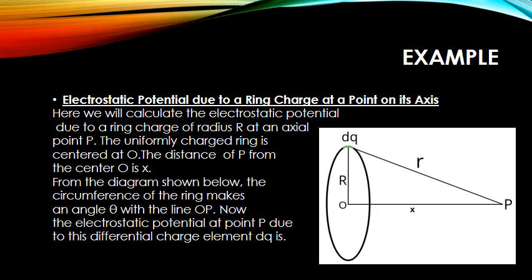We have taken a small element dq of the ring at the highest point, as you can see. The distance r, smaller, of point P from this element is equal to square root of capital R square plus x square.